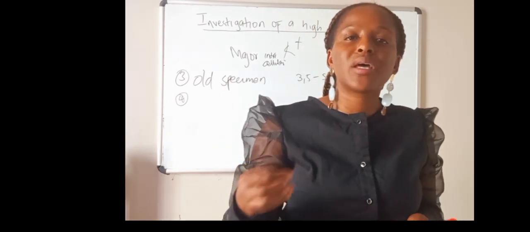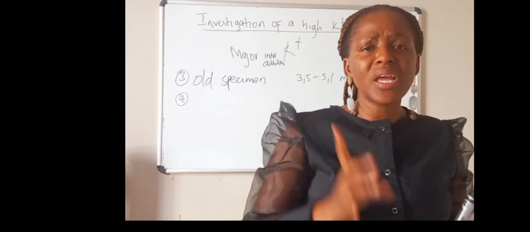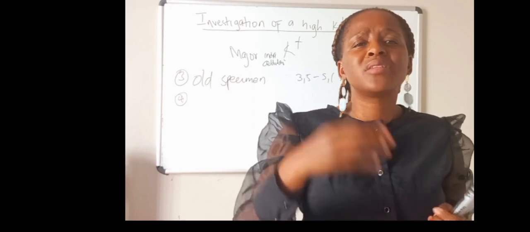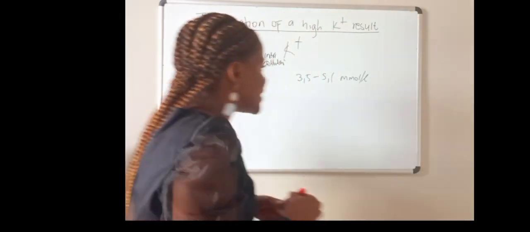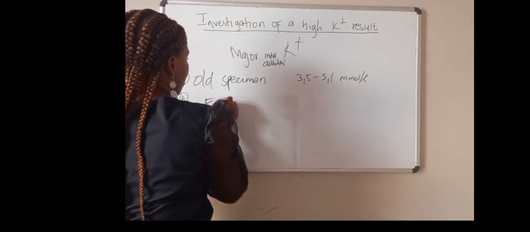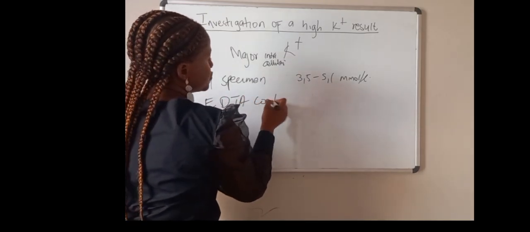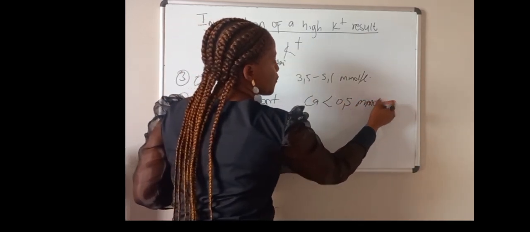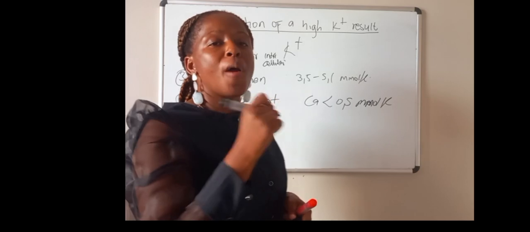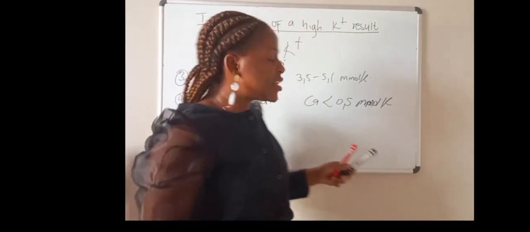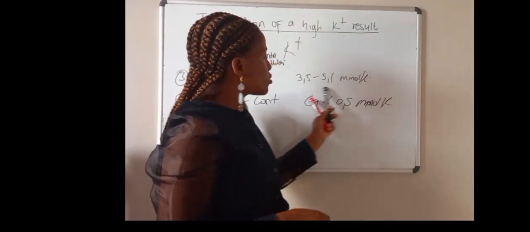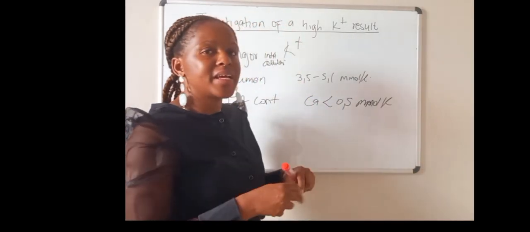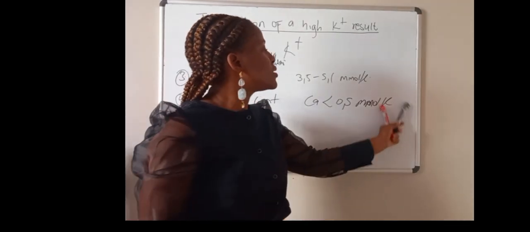So with EDTA contamination, if calcium is not requested, run calcium. If you see that your calcium is very, very low, most of the time less than 0.5 millimoles per liter, that is a clear indication that your sample is contaminated with EDTA, because EDTA is a divalent cation binder, so it will bind to the calcium permanently.